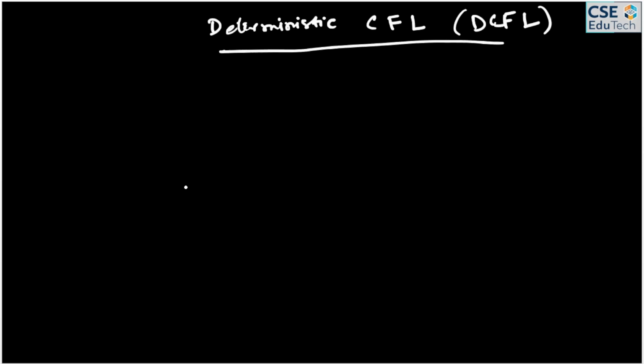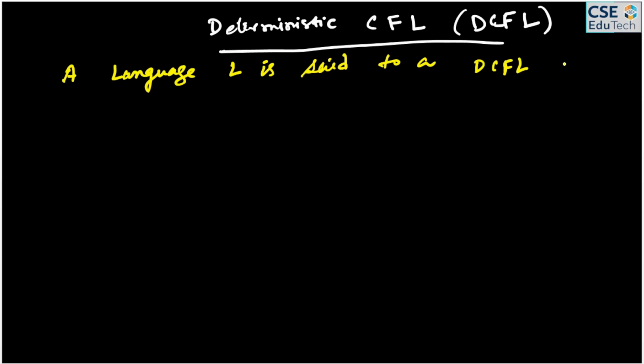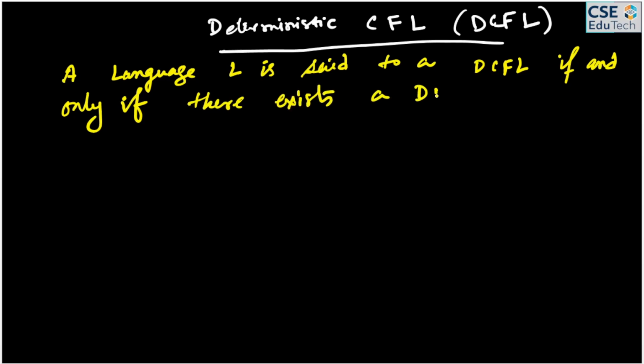A language we can define in this way: a language L is said to be a deterministic context-free language if and only if there exists a deterministic pushdown automata M such that L is the language accepted by the machine M, the deterministic pushdown automata M.